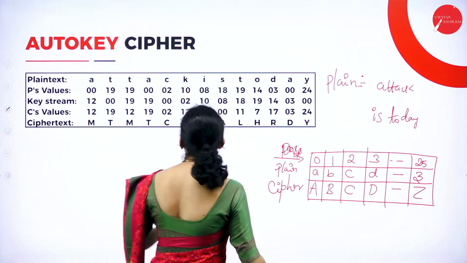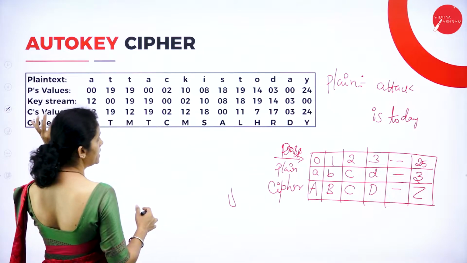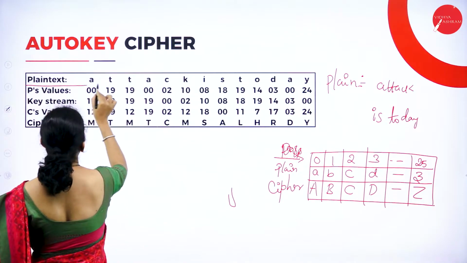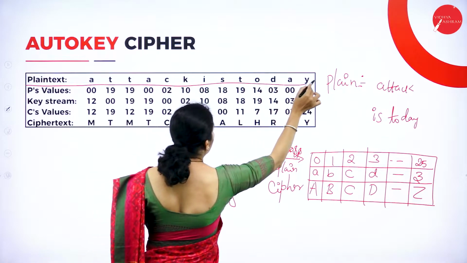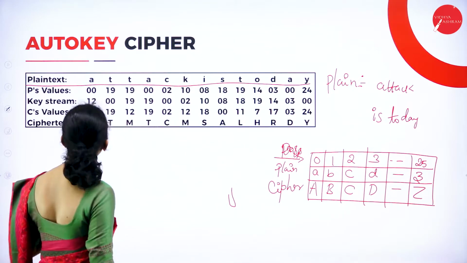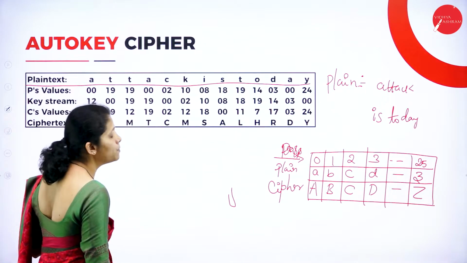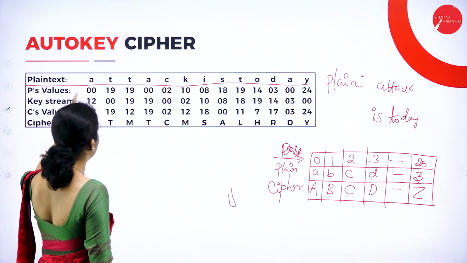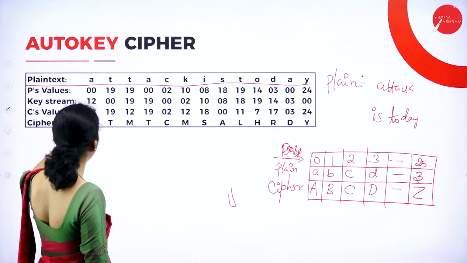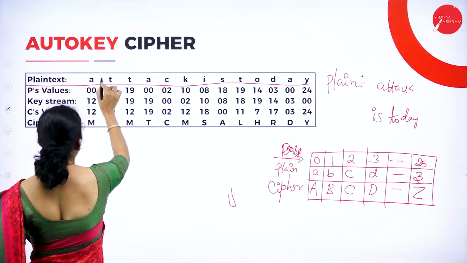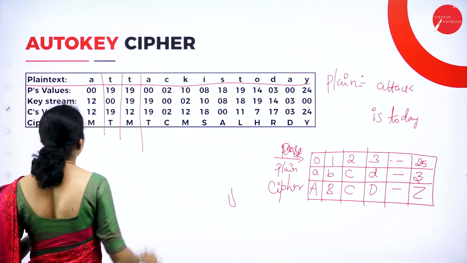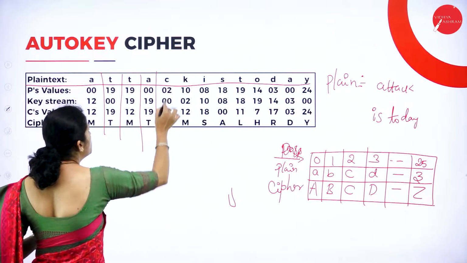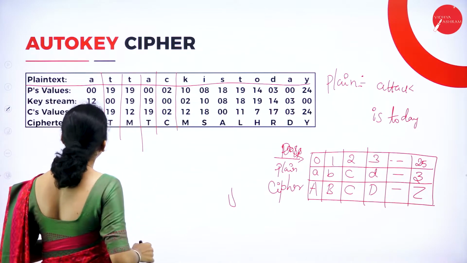Okay, now here if I consider this table, at the beginning I'm going to have plain text. So what I'm going to do, I'm going to substitute the plain text values for each character.